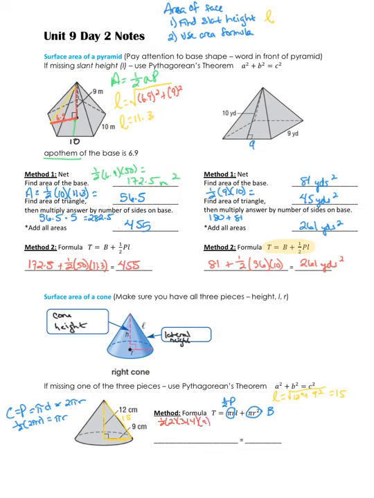R is 9, plus the base is pi r squared, so 9 squared times 3.14. Alrighty? Let's do 3.14 times 9. Okay, that's 28.3, rounding it to 1.